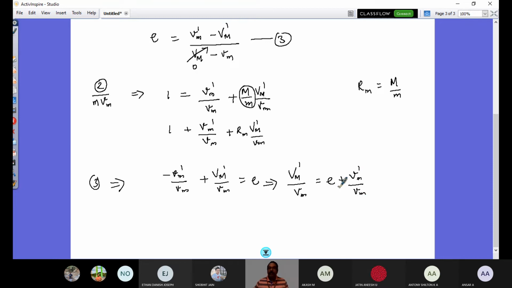So this I am going to put. Why do I write this? I want to eliminate this Vm by Vm, so I will put this into the above equation.